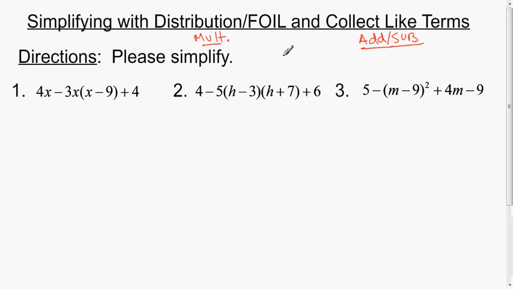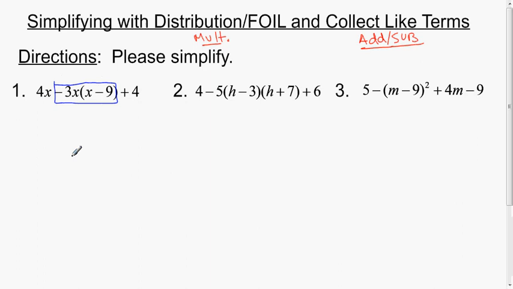It says please simplify, and in problem number 1, we have 4x minus 3x times the quantity x minus 9 plus 4. So we just need to be mindful of doing this in the appropriate order. We need to take this part of the problem where there's a multiplication being established and simplify that first.